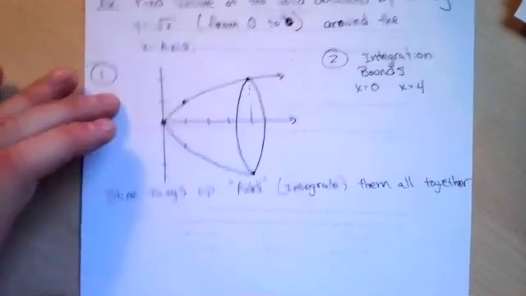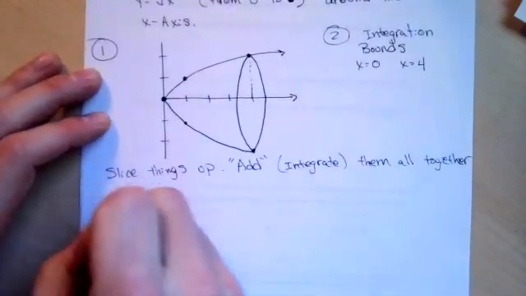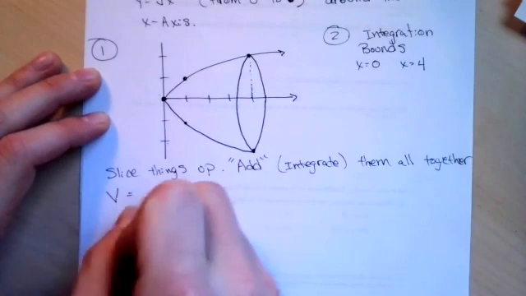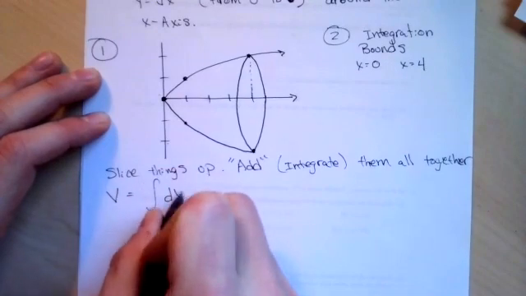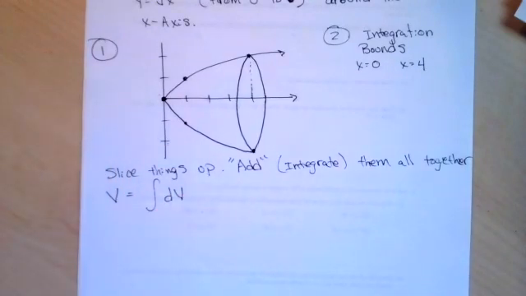So generically, I'm going to start writing down some generic notation. Volume is the integral of dV. What do we mean by that?